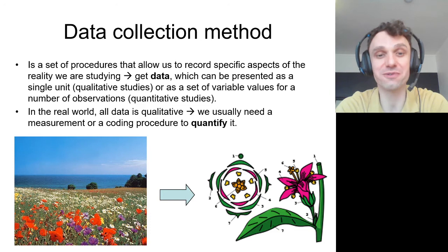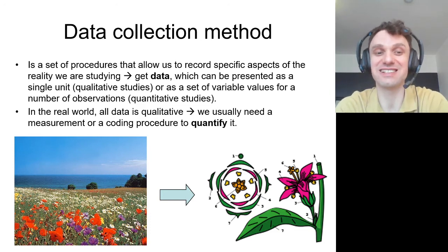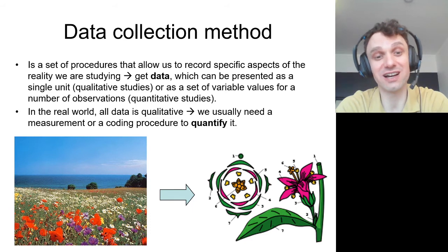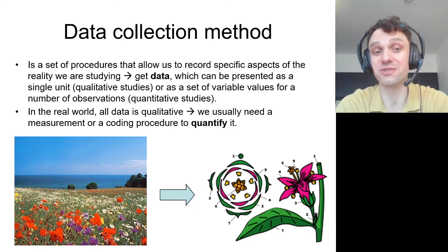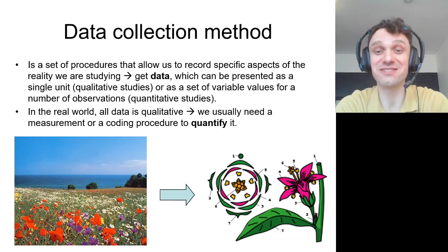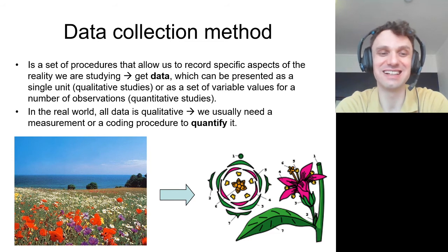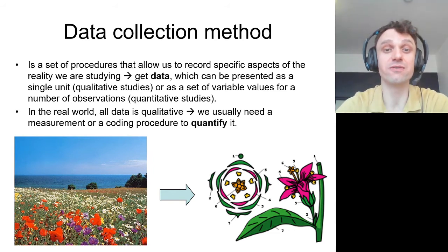We try to quantify the data that we have, and if we are seeing, for example, a meadow, we need to decide what it is that we want to quantify. Do we want to count the numbers of flowers of different types per square meter? Or do we want to measure the length of leaves? Or do we want to measure the number of petals on each flower? So depending on our research question, we choose different aspects of reality that we are trying to measure. And these are our variables.